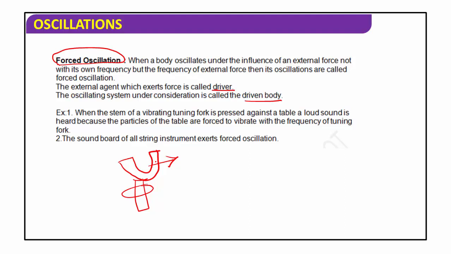And the soundboard of a string instrument, or a piano, produces sound waves due to oscillations, which is also forced oscillation. Forced oscillation means it cannot oscillate on its own, but it oscillates under the influence of an external force.